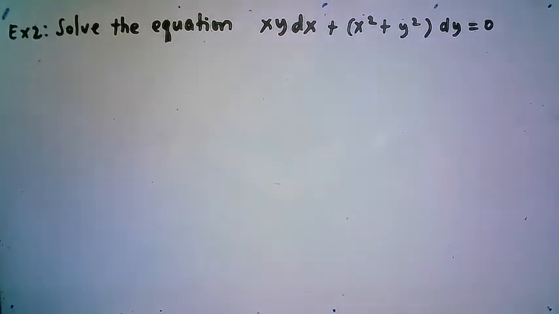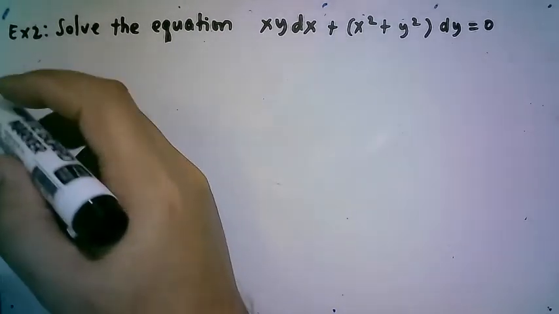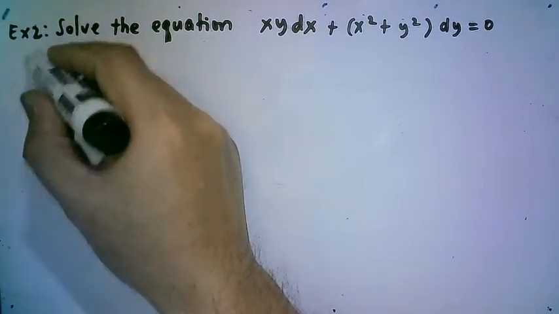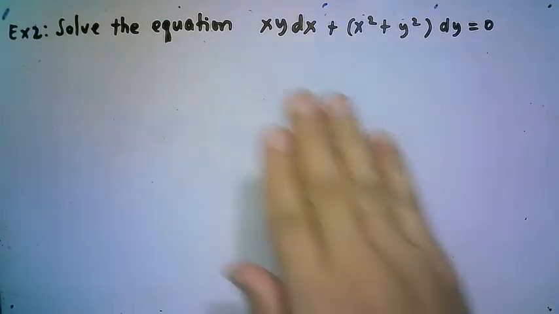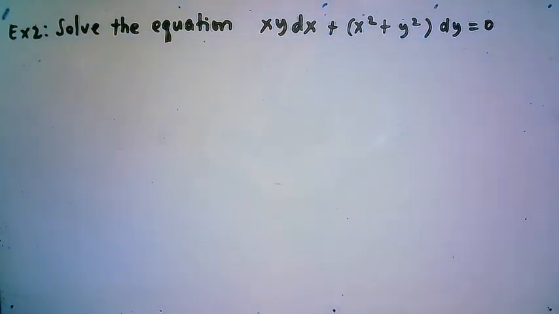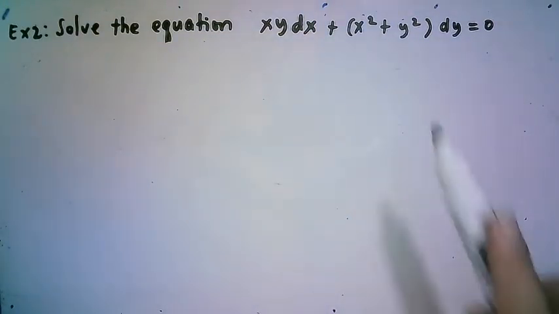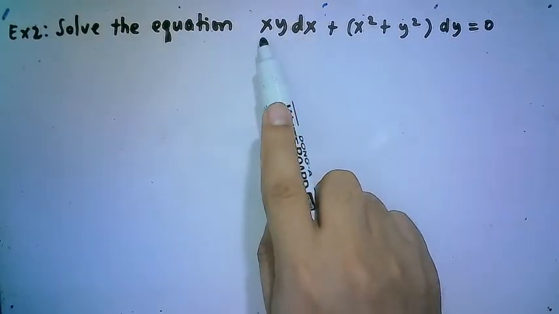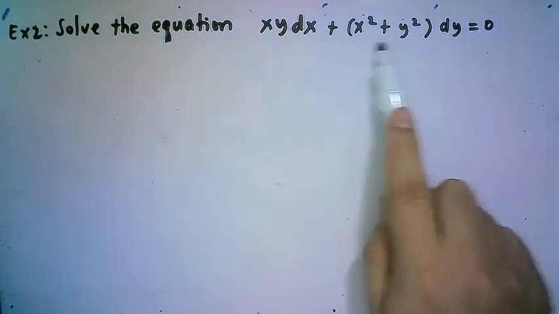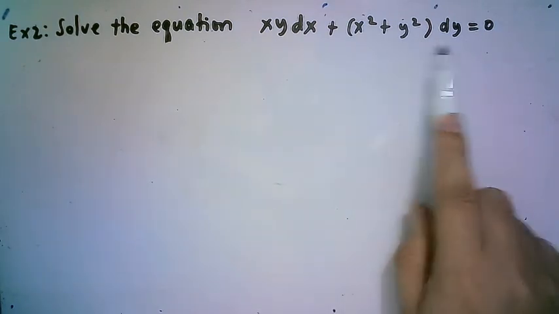Now again, in a homogeneous function, we will make use of our substitution. We have to determine first which of the following terms is simpler. If you have noticed, this one is simpler compared to this group.